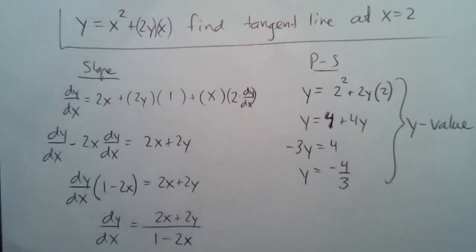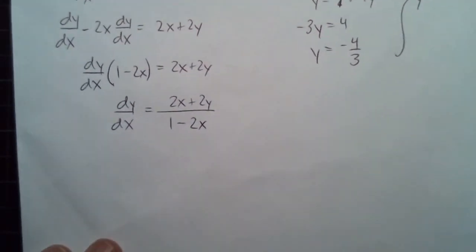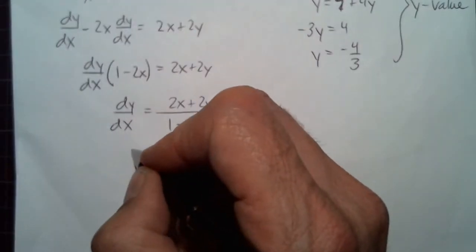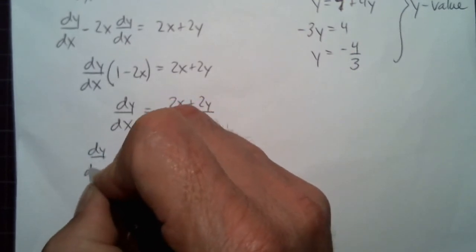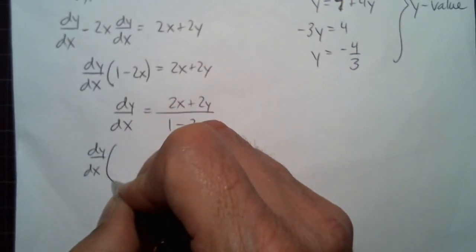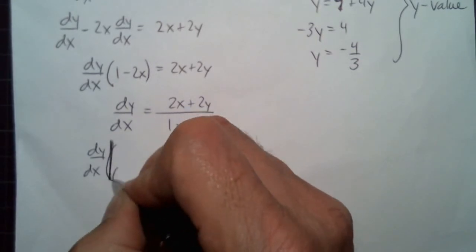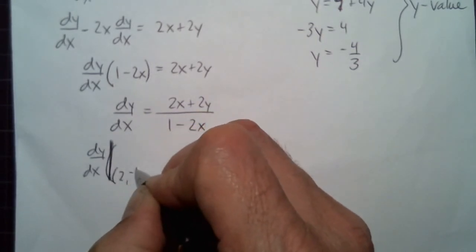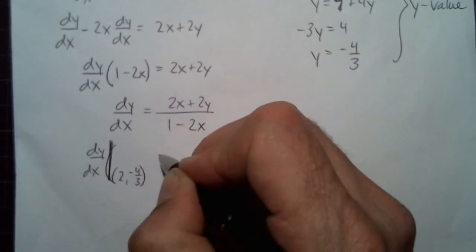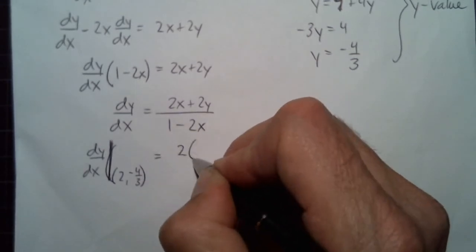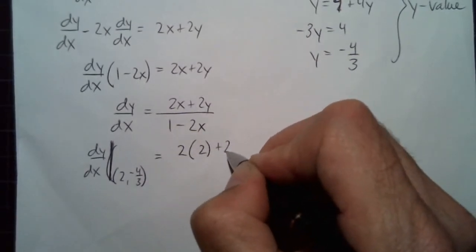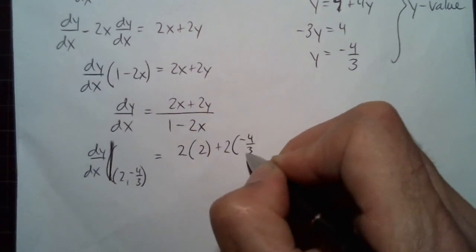We have negative 4/3. So let's go back over here, and we're going to evaluate dy dx at 2, negative 4/3. X value is 2, y value is negative 4/3.